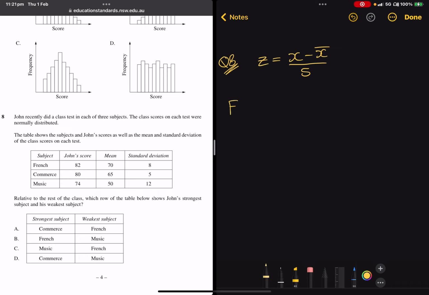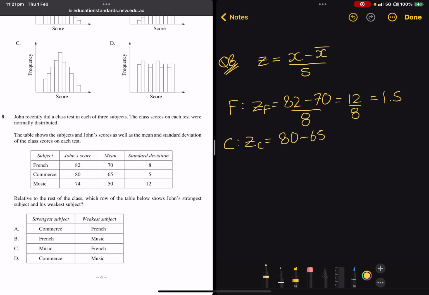So for French, his z-score for French is equal to his score, 82, minus the mean, 70, divided by the standard deviation, 8. That's 12 on 8. That's 1.5. For Commerce, his z-score for Commerce is his score, 80, minus the mean, 65, divided by the standard deviation, 5. That's 15 over 5.